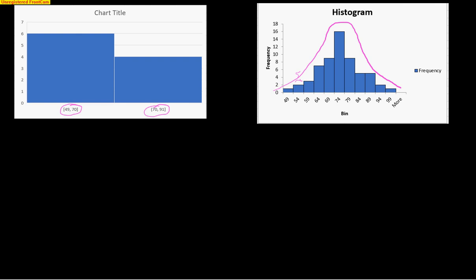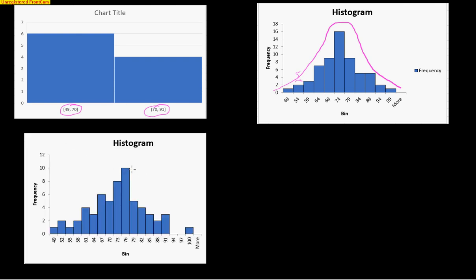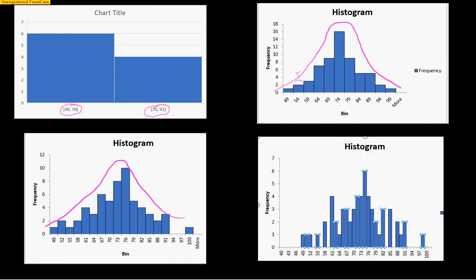What if we do even more bins and the class width gets even smaller? Well, then you start to say, well, what is this really telling me? There's just so many layers, so many bars now that it's hard to draw some overall conclusions. And here's one where each class width is just 1.5, and you start asking yourself, well, is this really telling me that much?